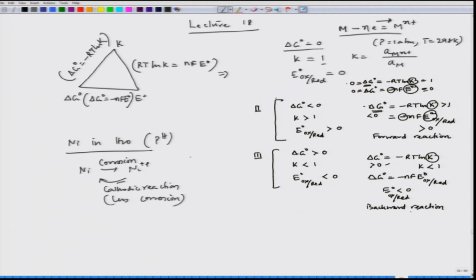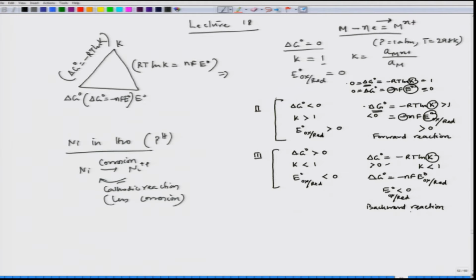Since these are all standard states, that means E0 as well as delta G0, we are talking about the standard state, and in an actual system we may not maintain the standard state. So the nickel concentration in water may not be 1, the activity of nickel ion may not be 1. At that time we have to consider the non-standard situation.